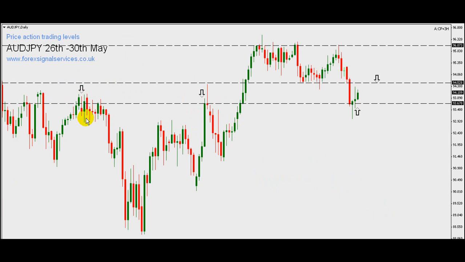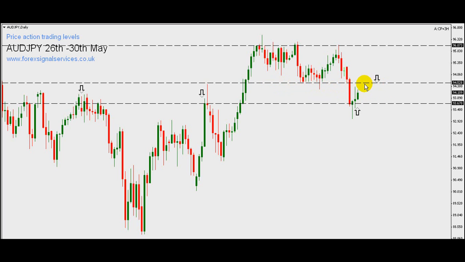AUD JPY, you can see the previous resistance level here, which has turned into a supporting level just here. So this bounced here off this nice bullish hammer. Whether the bounce will continue remains to be seen, but it hasn't got that much to go in terms of this being the daily chart, because sitting right above it here is this previous support.